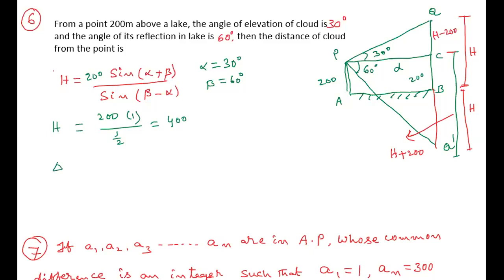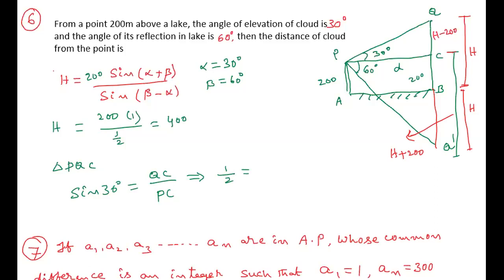Take triangle PQC. Observe that sine 30 degrees is equal to QC divided by PC. Okay, what is sine 30 degrees? 1 by 2. QC, that is H minus 200.